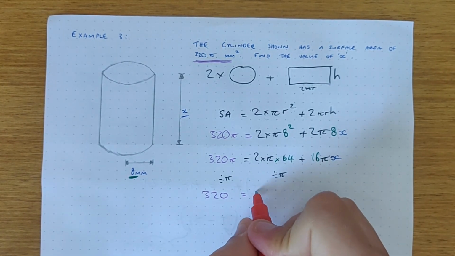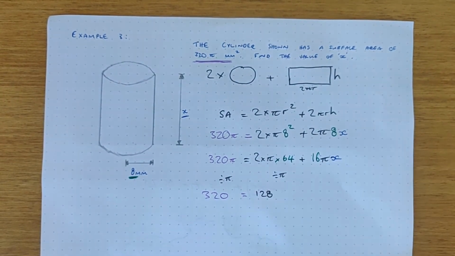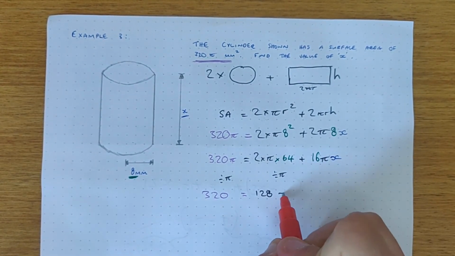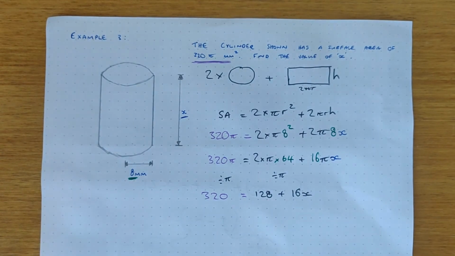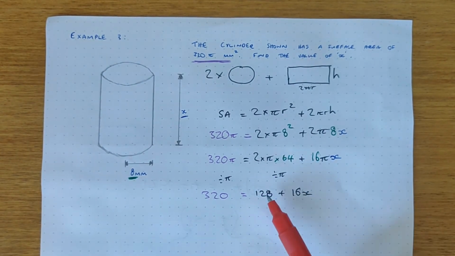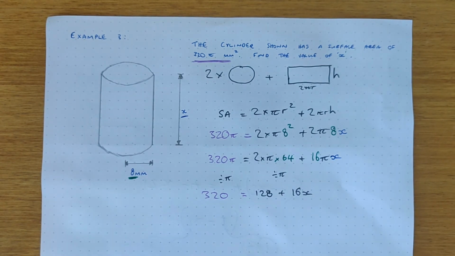Now, I know that that's 128 plus 16x. Now, I've done the 2 times 64 to get the 128, but straight away this is a much simpler equation that you can definitely solve.